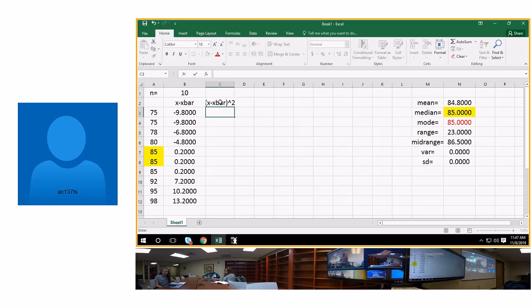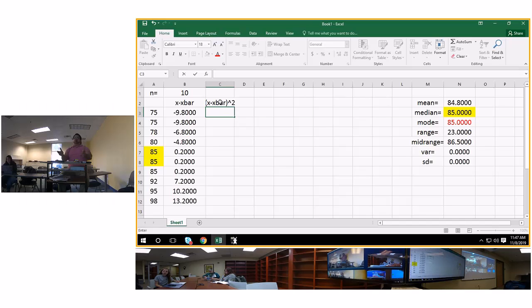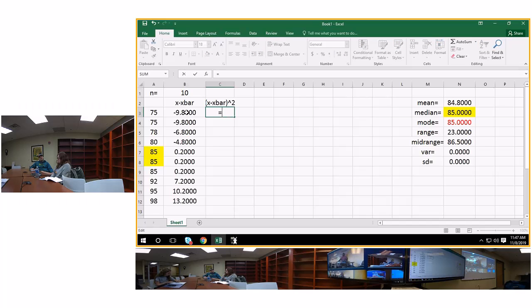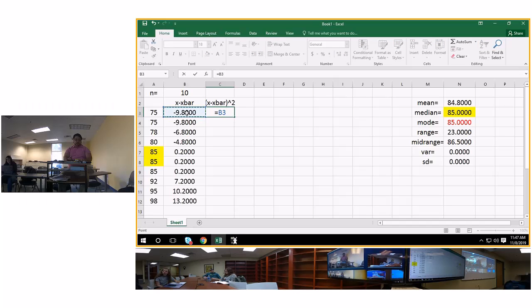It says x minus x bar quantity squared. So I'm going to take that number and square it, this number raised to the second power, and I'm going to copy that down.